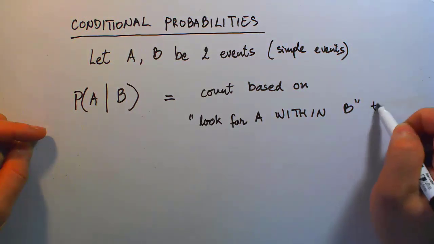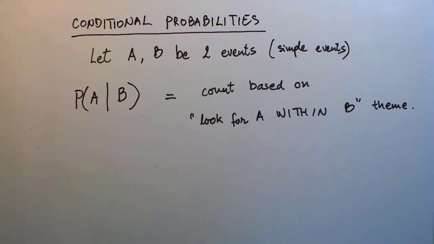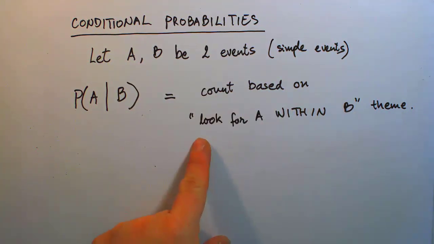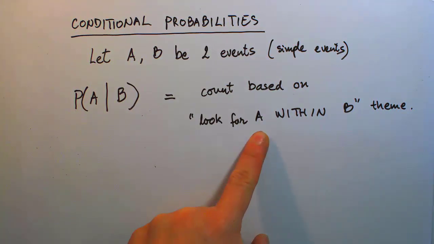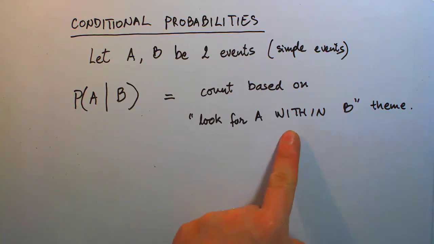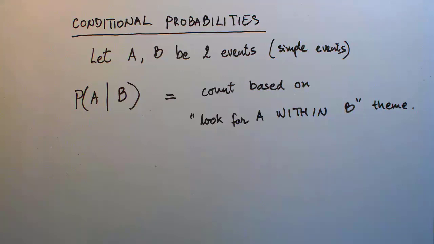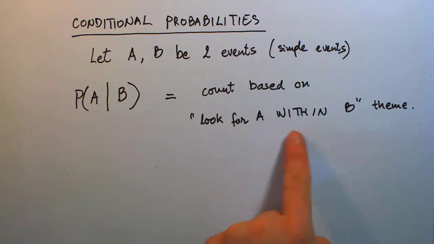So one way to approach the problem, anytime that your sample space is available for you to search through, we can just simply count. Based on this theme, we're looking for the probability of A, but within, meaning we turn our attention to within B. That's a theme that we can count successfully, and then we put that over the sample space, and since we're looking for A but within B, it means we turn the sample space to something smaller, not as big as the beginning sample space in the problem.